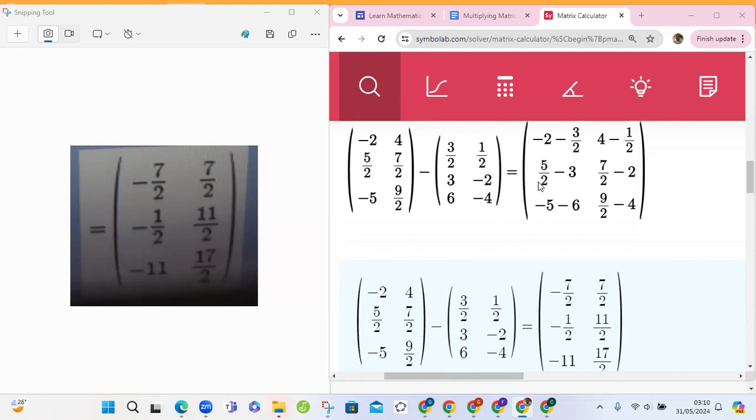You have 5/2 subtract 3 is -1/2. 5/2 is 2.5. 2.5 subtract 3 is -1/2. You have 7/2, which is 3.5, subtract -2, and the answer is 11/2.